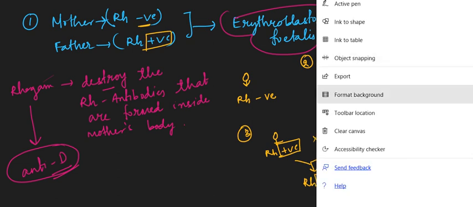If I conclude the whole scenario, what we will find? That Rh incompatibility occurs only when the mother is Rh negative and the father is Rh positive. Then the first baby will be Rh positive, so there will be no problem.